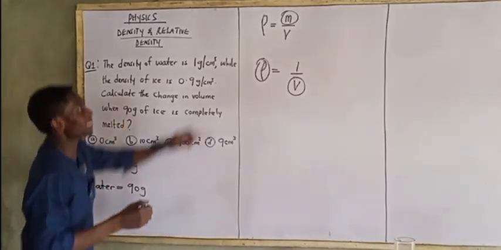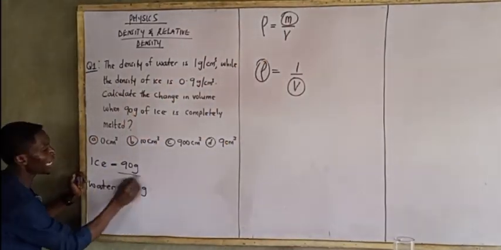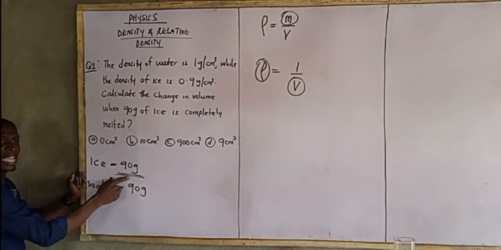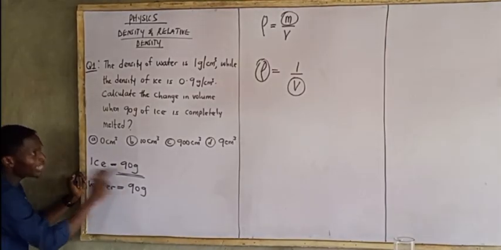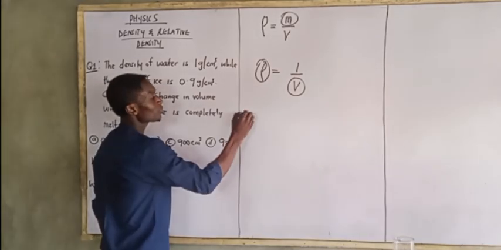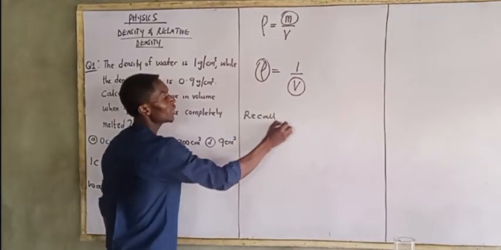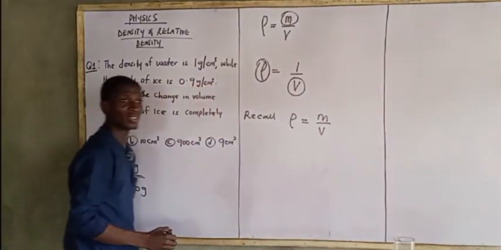But mass being constant, now for this 90 grams of ice, let me get the volume of that 90 grams of ice. What volume of ice weighs that 90 grams? Recall, density is equal to mass over volume.